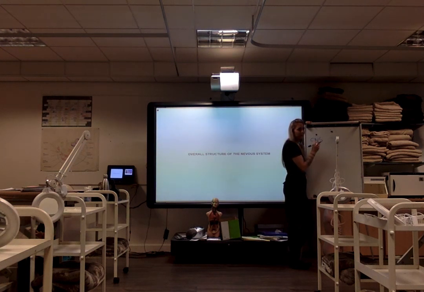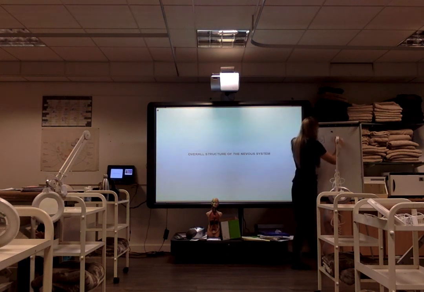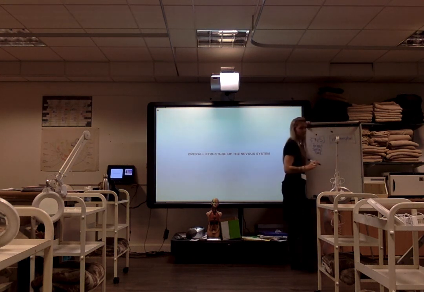It's made up of your brain and your spinal cord. Yeah. And then you have your peripheral. What do you think that's made up of? So that's your outside. So like sensory. Yes.